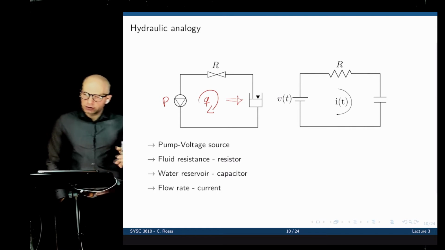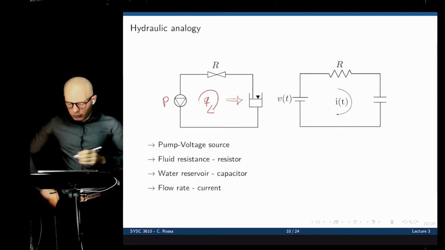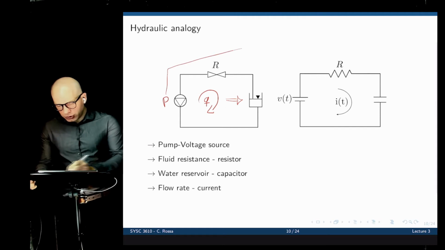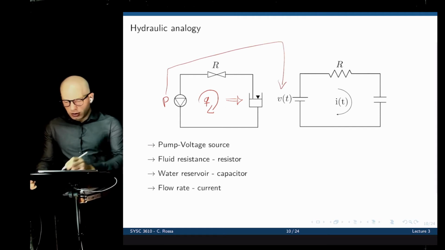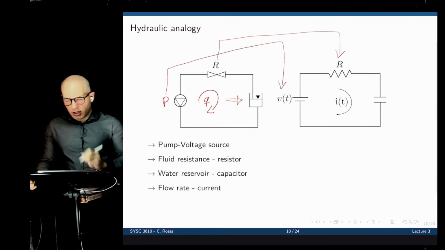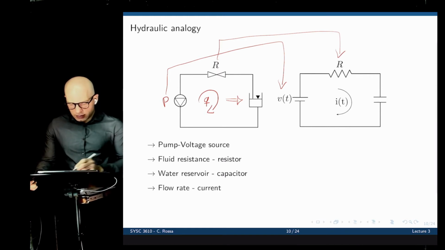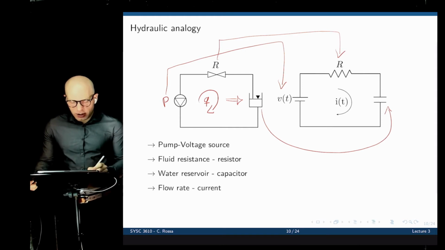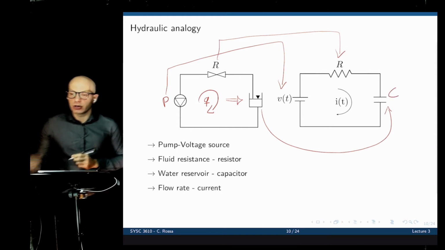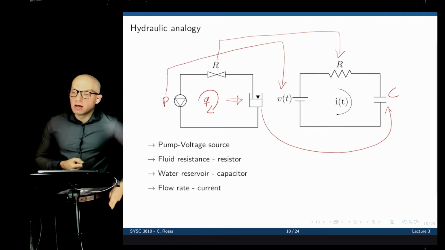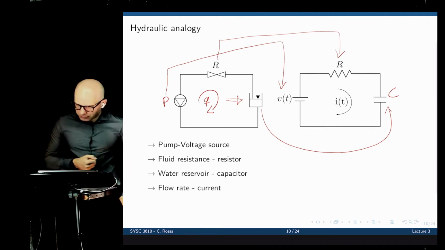The equivalent of this in terms of an electrical system would be: pressure becomes voltage, hydraulic resistance becomes the electric resistance. The storage here, the reservoir, becomes now a capacitance where we are going to store energy in the form of an electrical field.